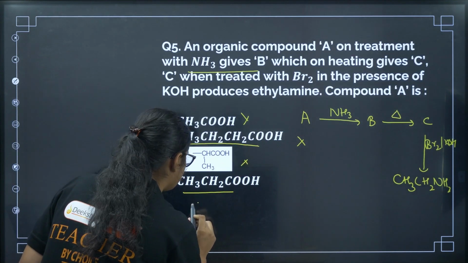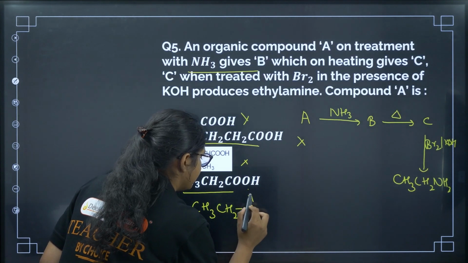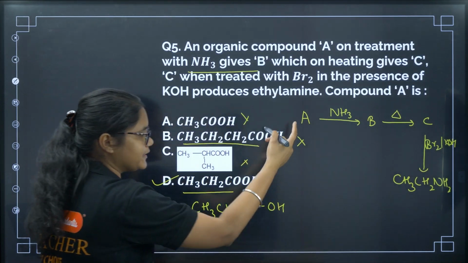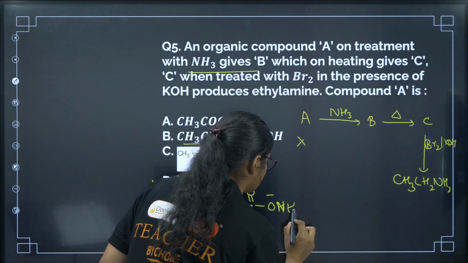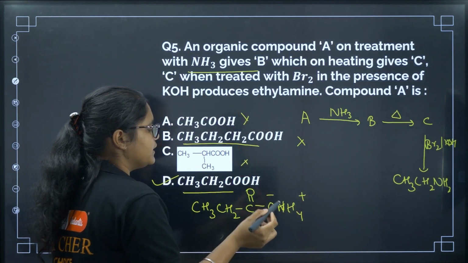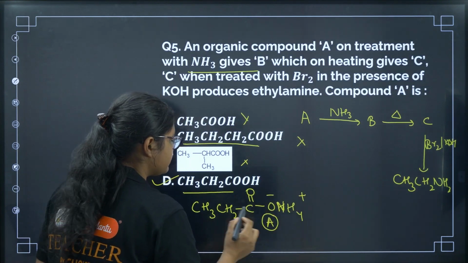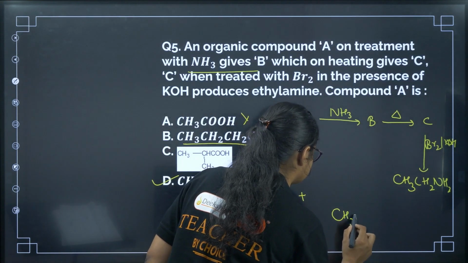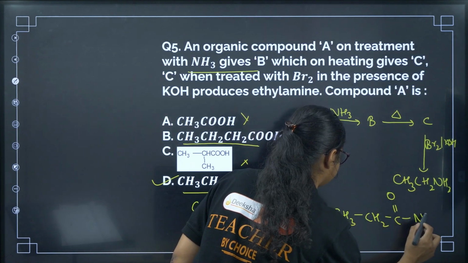So when we treat CH3CH2COOH with NH3, it is a base, this is an acid, so it forms COO minus and NH4 plus. Now when you heat it, we get the amide, that is CH3CH2C double bond O NH2.